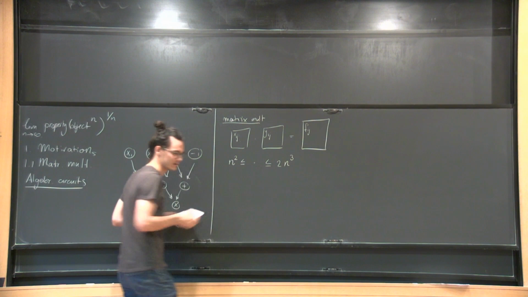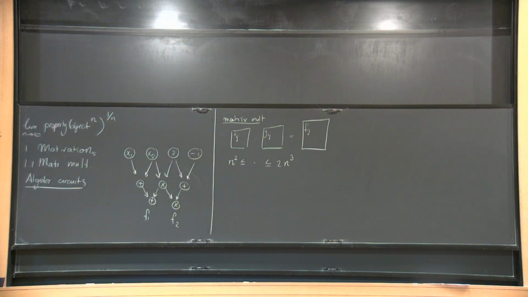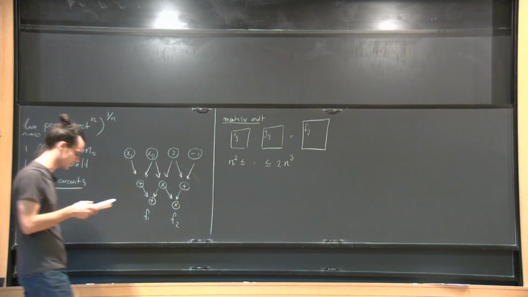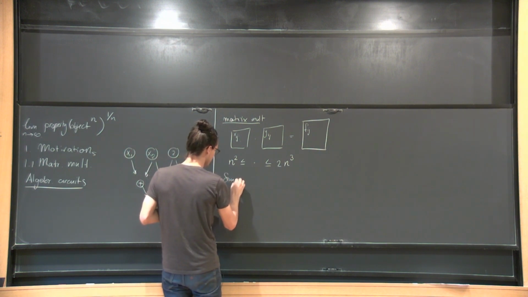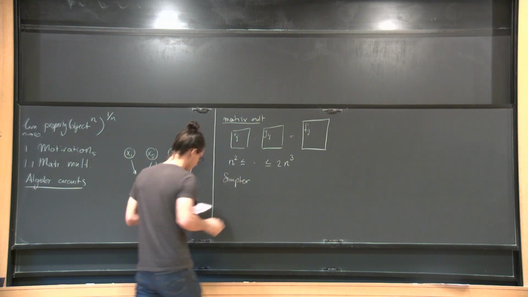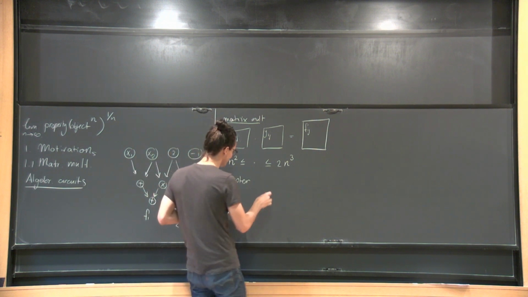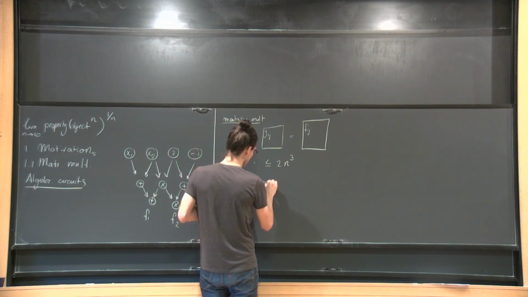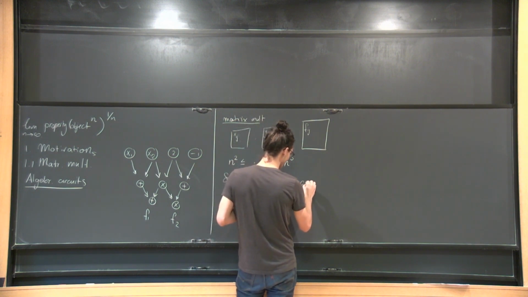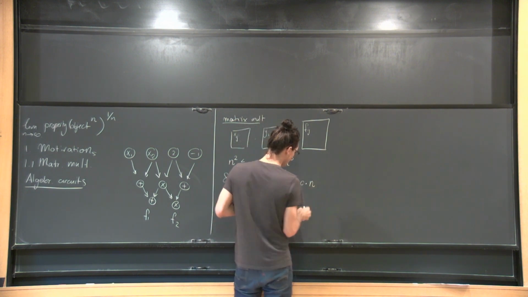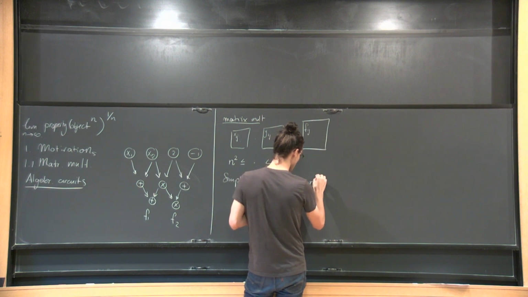So this is the trivial lower bound and trivial upper bound, and we want to know what's the actual algebraic complexity. Now let's make this a little bit simpler. So instead of the actual complexity, we focus on the exponent. We don't care about the c in front of the n.